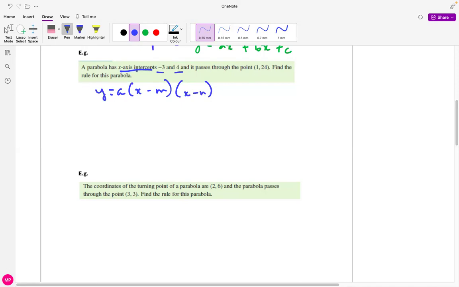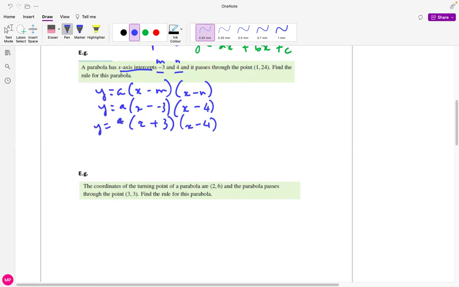Because the x-intercepts are -3 and 4, this will be m and this will be n, or either way. So y equals a, x minus -3, which you can write as x plus 3, and x minus 4.